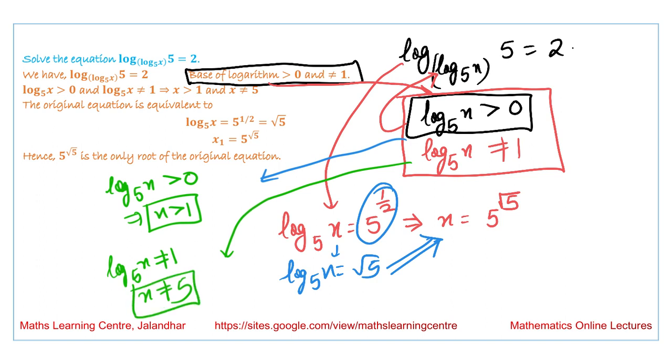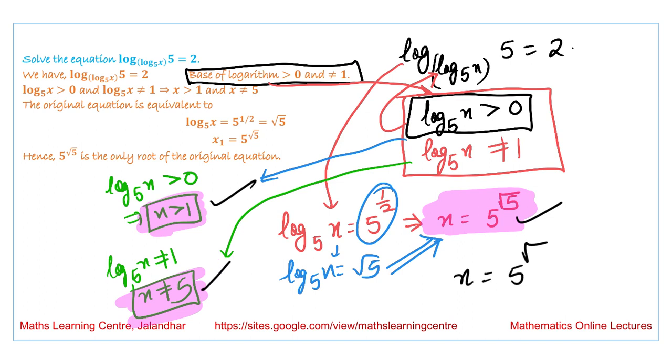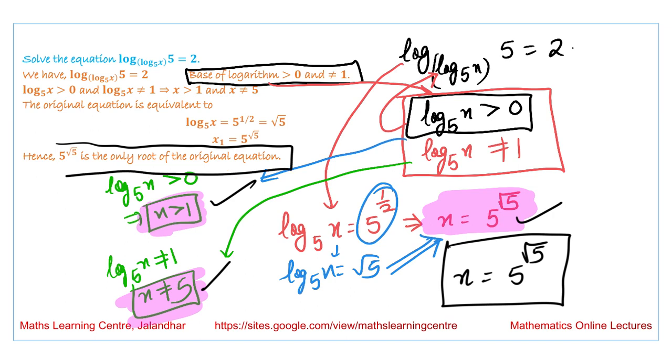Now we have three conditions: x is greater than 1, x cannot be 5, and x is equal to 5 raised to the power square root of 5. So this number satisfies both these conditions. So the only root of this equation is x equal to 5 raised to the power square root of 5. This is the only solution, the only root of this equation.